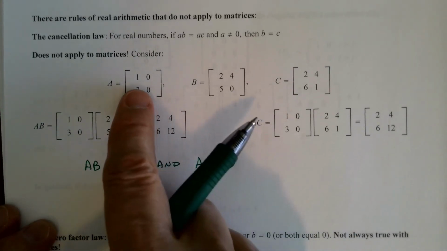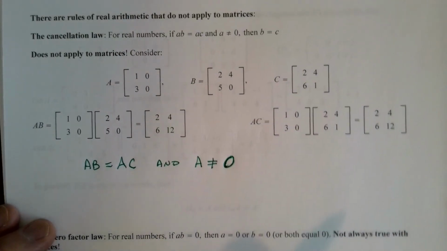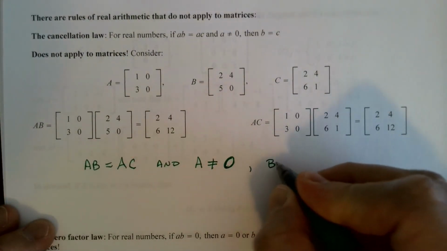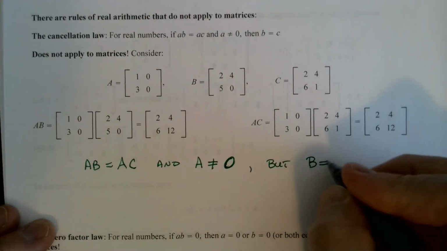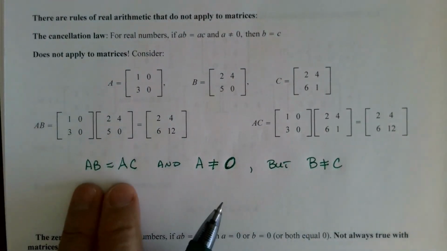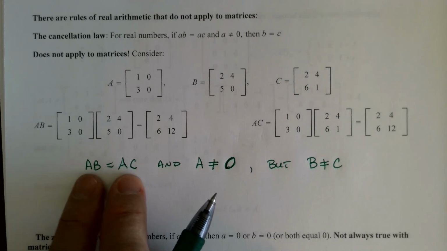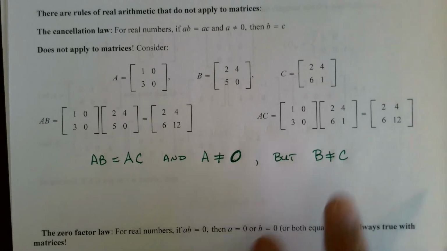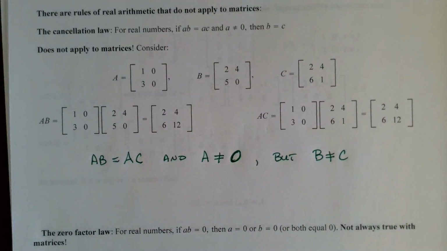Even if just one entry was not 0, it would still not be the 0 matrix. And so A is not 0, but the matrix B and the matrix C are clearly not equal. So notice here, I can't just assume that if AB and AC are equal, then B equals C, if A is not equal to 0.